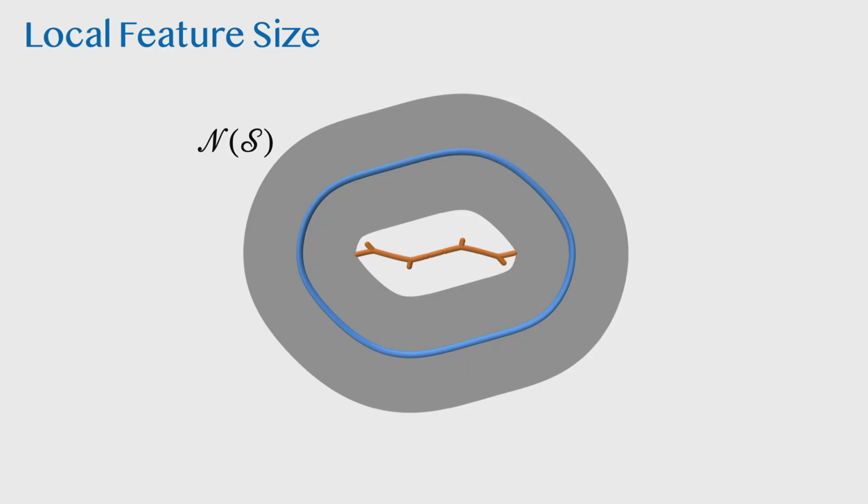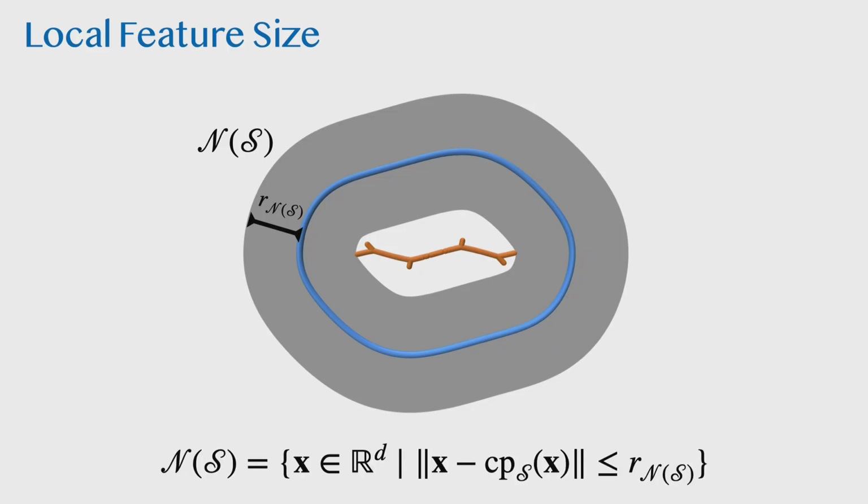And that's done by choosing a sufficiently small radius of the tube, R_N(S). The size of R_N(S) depends on the curvatures and the bottlenecks of your actual manifold, and the bottlenecks are thin regions in the manifold where you have geodesically distant parts of the manifold close in Euclidean space. So this is the overall definition of N of S: you have points X in R^D that are at most R_N(S) away from their closest point.